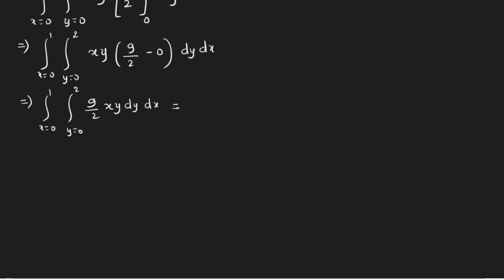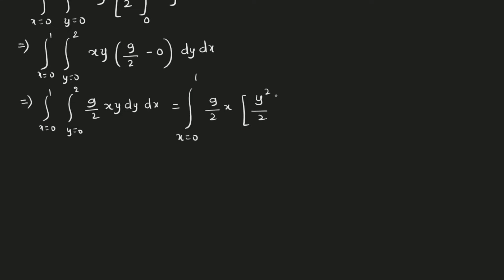Now we have to integrate with respect to y. Now 9 by 2 x is a constant. So x varies from 0 to 1, 9 by 2 x is a constant. Integration of y is y square by 2. Limit varies from 0 to 2 and this is dx.